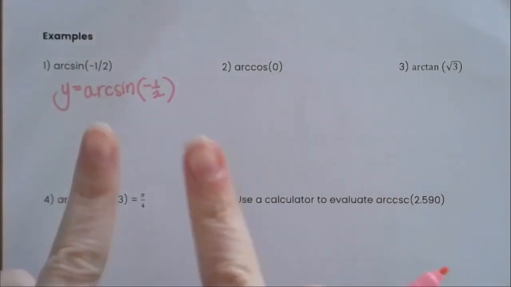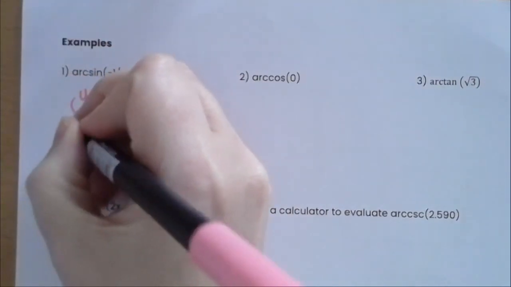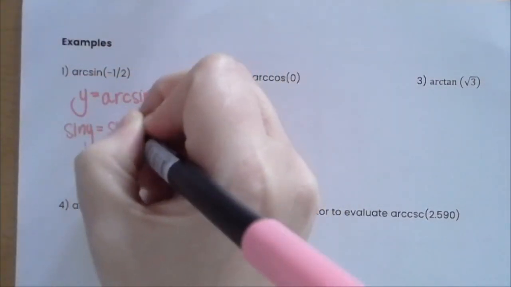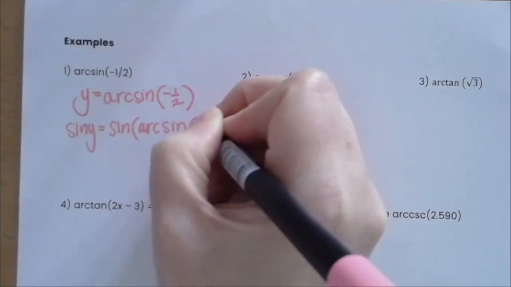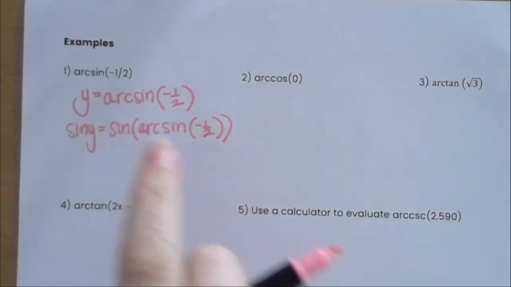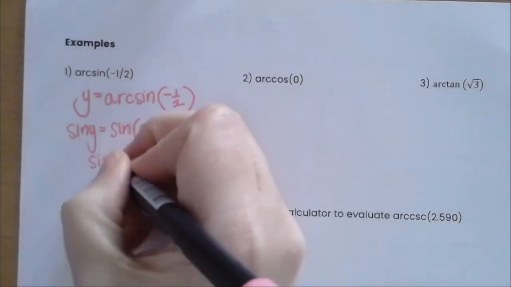Now we're going to assume that it's the restricted domain. Well, I'm going to take the sine of both sides. So we have sine of y equals sine of arcsine of -1/2. Well, because sine and arcsine are inverses, they're opposites, this is really just going to free up that -1/2. So it's exactly what I told you it was going to be.